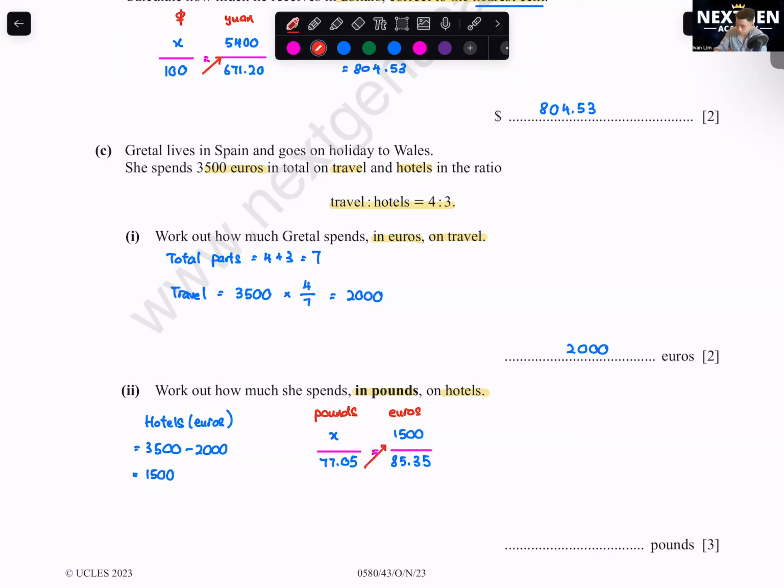So here, multiply this up. X equals to 77.05 multiplied by 1,500 over 85.35. They say in pounds, right? So our value, we can write it to 1,354.13 pounds.